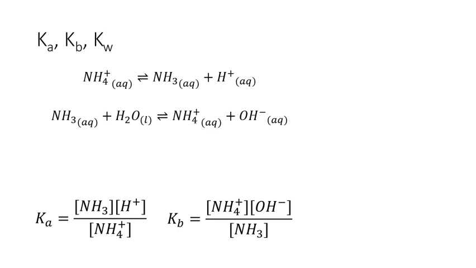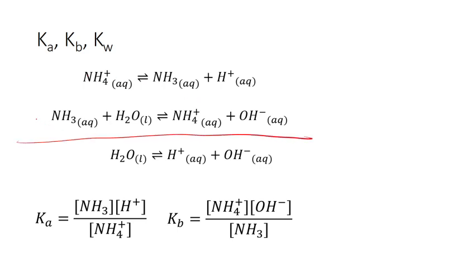Now, if you recall what we did with equilibrium expressions and the equilibrium constants that we worked with, we can combine these two equations, just like adding two equations in mathematics.